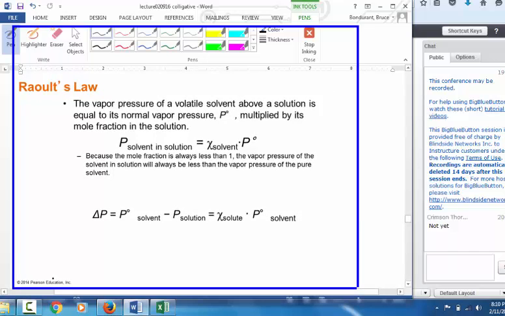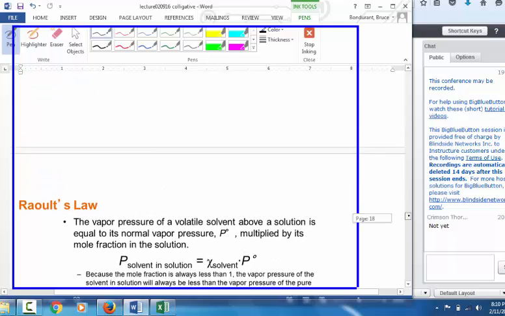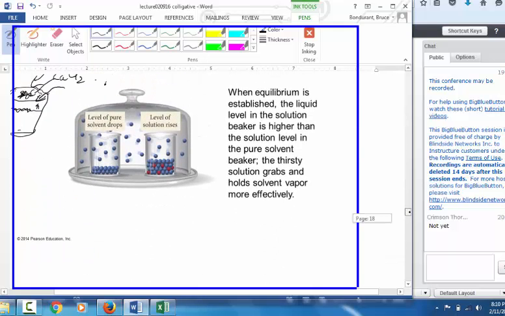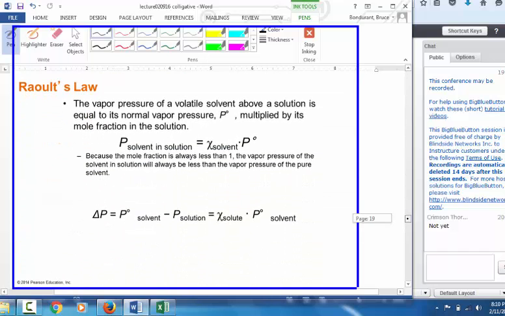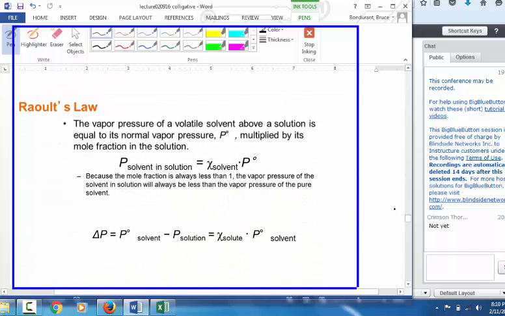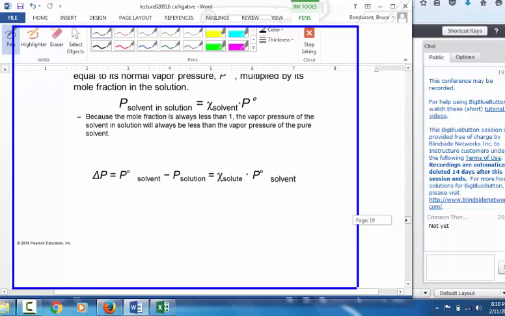So this is really sort of an extreme expression. Here we're looking at a solute that's not at all volatile. But you can also extend this to solutes that are volatile, and that is what Raoult's law is about.